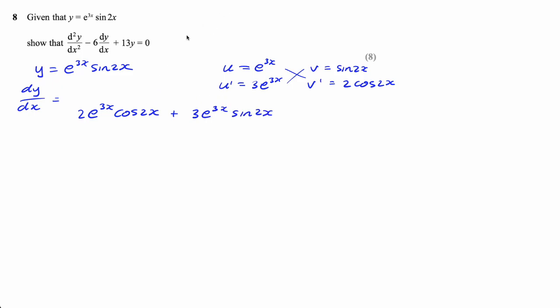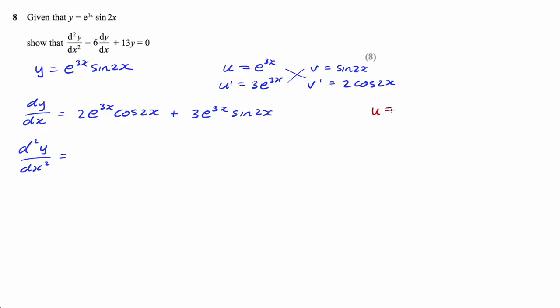Okay, this is dy dx. Now I need the second derivative, d2y dx squared. It's an 8-mark question, guys, but it's actually not bad. It's just long and annoying. But this is just a product rule, and this is another product rule. So let's do them both over here.